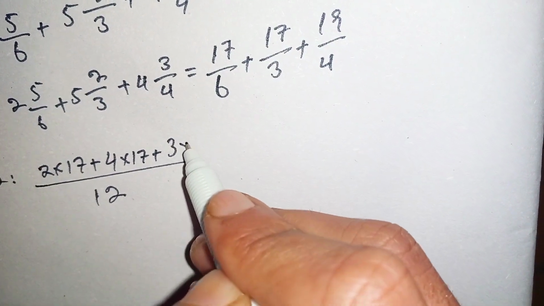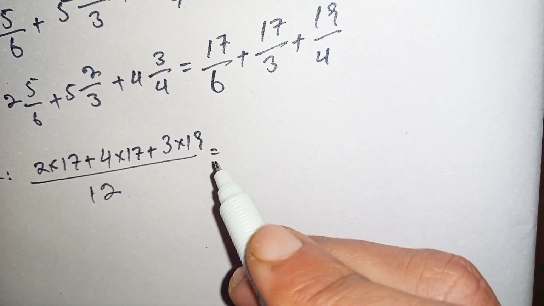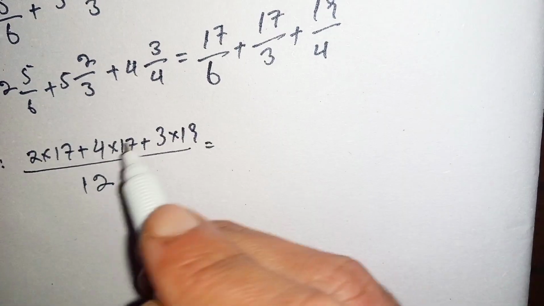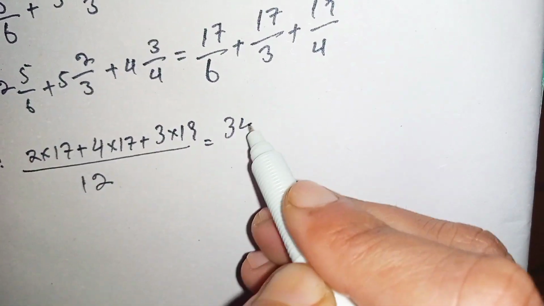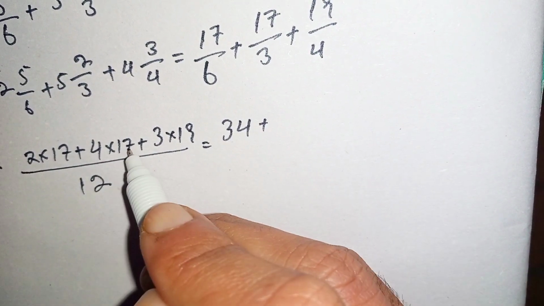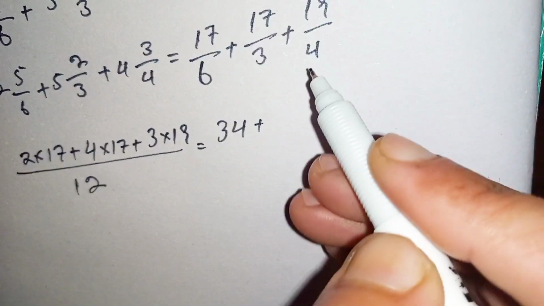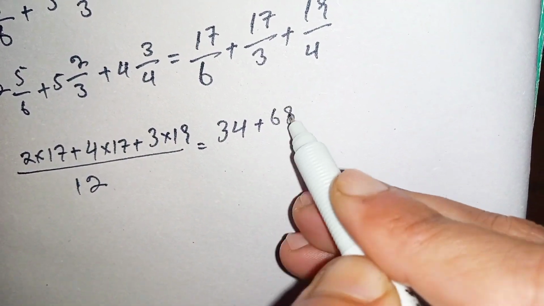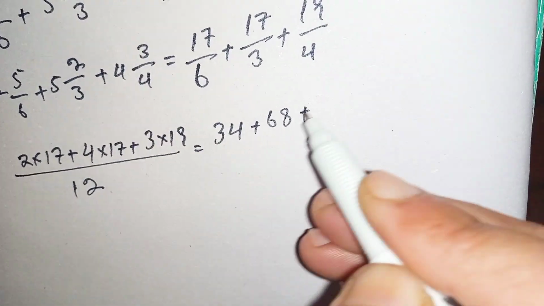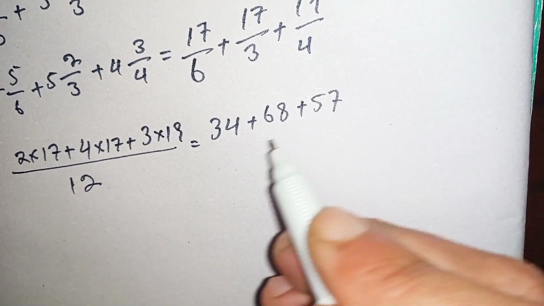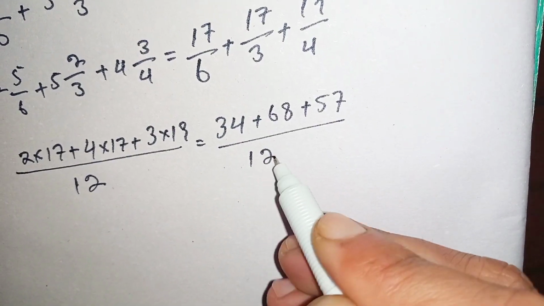So 2 times 17 is equal to 34 plus 4 times 17 is equal to 68 plus 3 times 19 is 57, divided by 12.